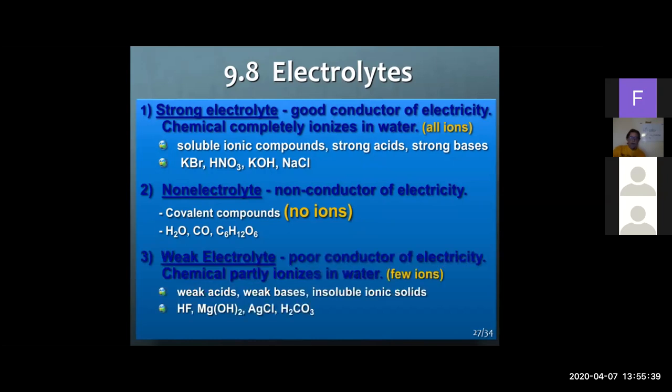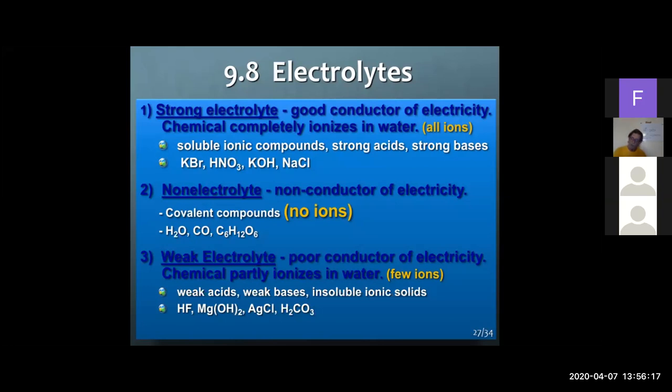When we talk about weak electrolytes, they're either going to be a weak acid or a weak base, or they are insoluble based on the solubility rules. Some examples we talked about: HF, which is hydrofluoric acid, magnesium hydroxide, insoluble due to the solubility rules, silver chloride, insoluble due to the solubility rules, and carbonic acid, which is a weak acid.